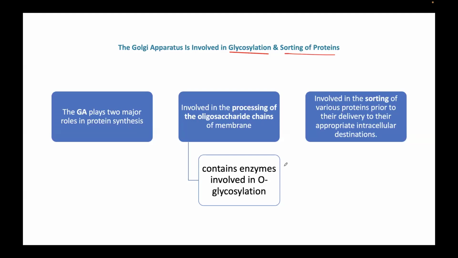This came out in the boards, and they asked about collagen. Collagen is an example of a protein that undergoes significant glycosylation as well as sorting.